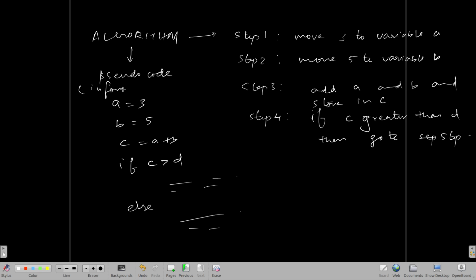Pseudocode is an informal way of writing an algorithm, but it is more convenient. And in most of the problems that we are encountering, I'll be using a pseudocode method because the other is cumbersome and takes a lot of time. And whenever we have problems pertaining to numbers, pseudocode is a much more convenient method.